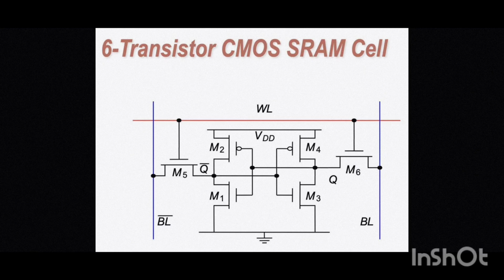During a write operation, they allow new data from the bit lines to override the existing value. Without these access transistors, the memory cell would always be connected to the bit lines, making reliable storage impossible. Therefore, all 6 transistors are essential for stable operation.